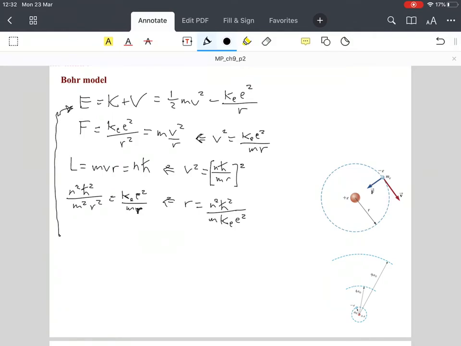So going back to this here, we have E is equal to 1/2 m, and now we'd substitute in that v squared, k e squared over mr, and then that is minus this potential energy.